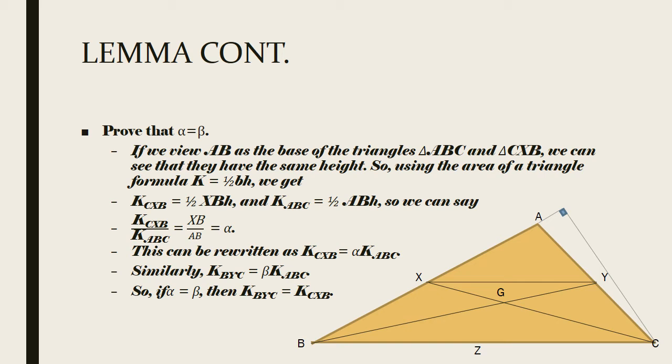And this is similar for the triangle BYC, which is equal to beta times the area of ABC. So if alpha equals beta, then the area of BYC is equal to the area of CXB.